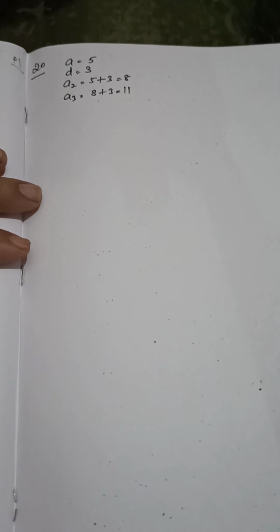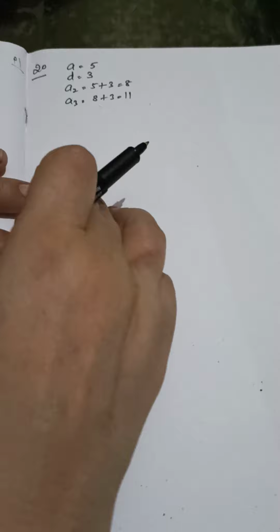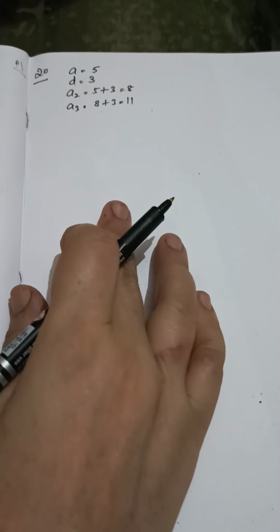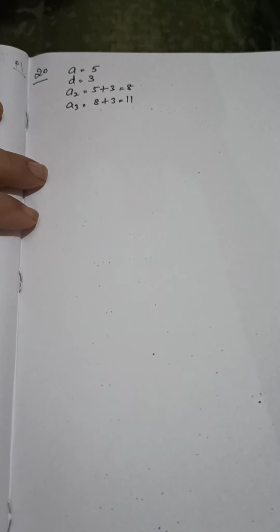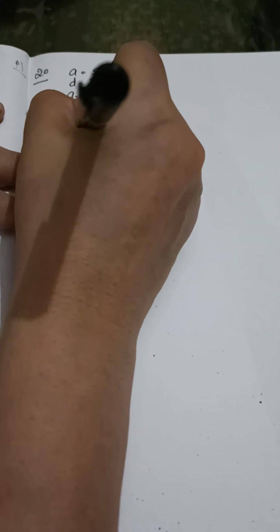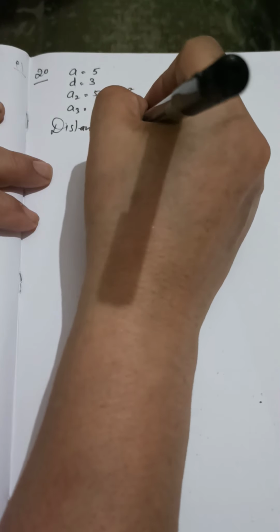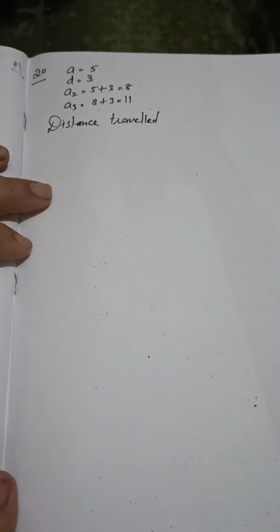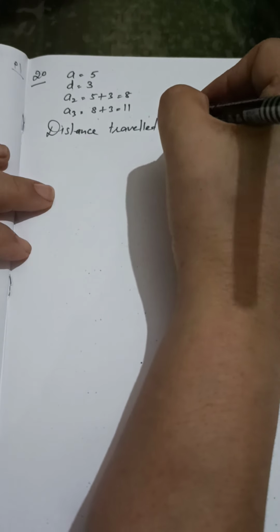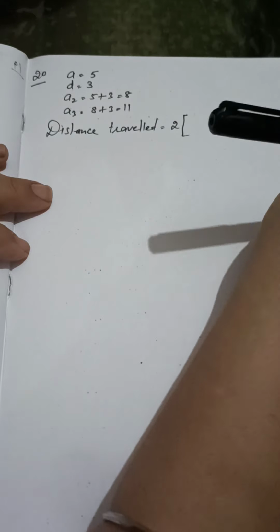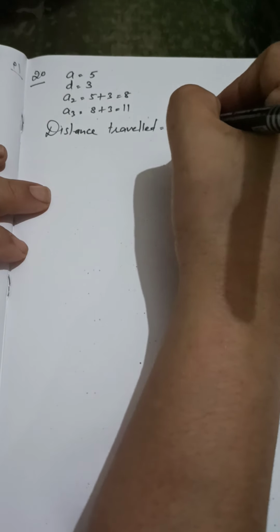That means there is double distance covered. How can we solve that? We solve that by using distance travelled is equal to 2 times Sn, because double distance is used. How to find Sn?